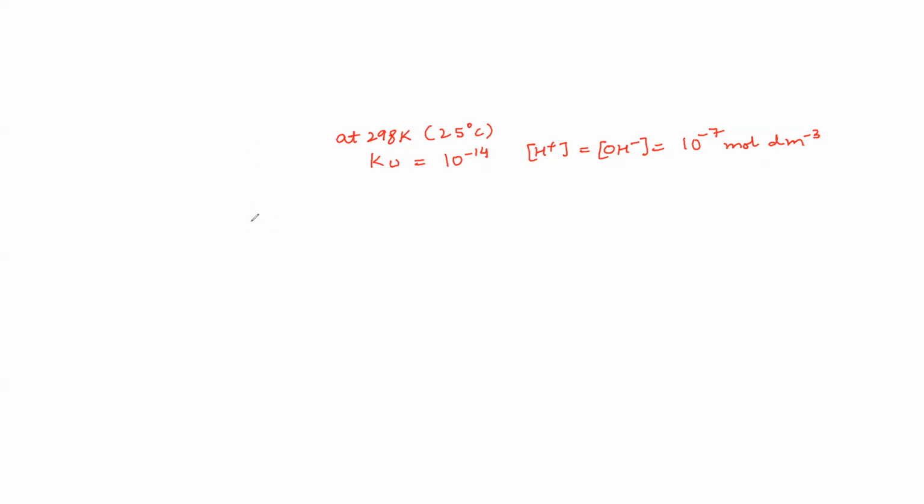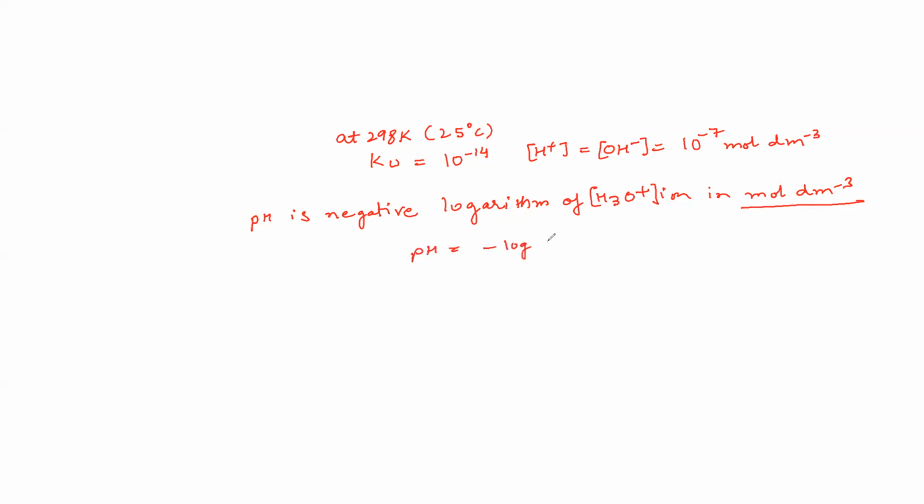So what is pH? pH is negative logarithm of hydronium ion concentration. Remember, this is really important, the concentration should be in mole per decimeter cube. So pH equals negative log concentration of H positive or hydronium ion, anything.